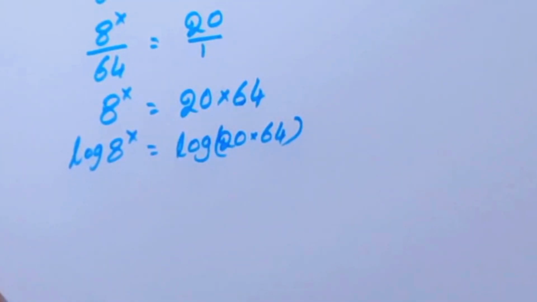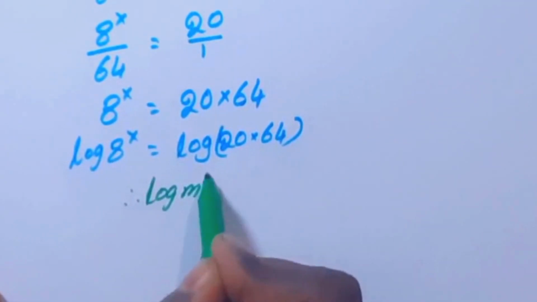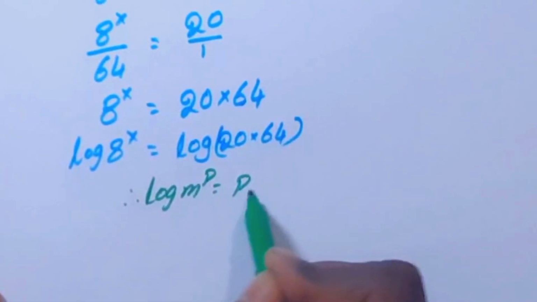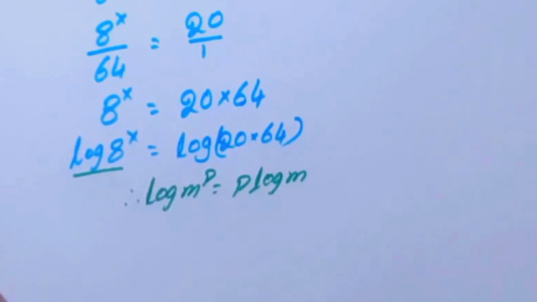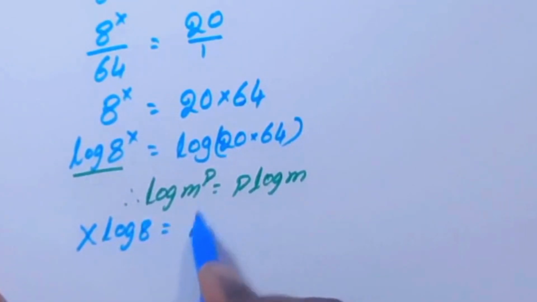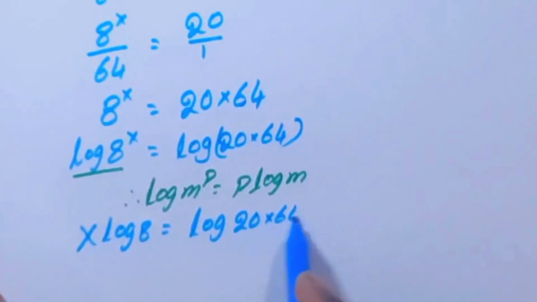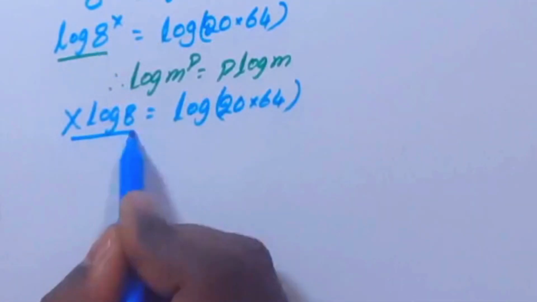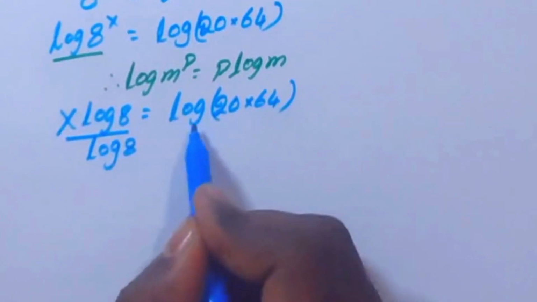We know the log power formula: log m power p equal to p log m. We are going to apply this here. So we'll get x log 8 equal to log 20 times 64. Now divide by log 8 on both sides.